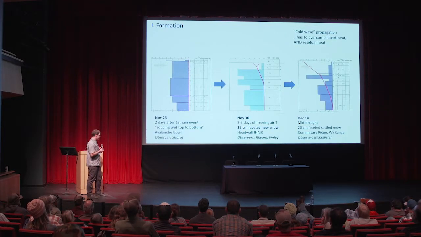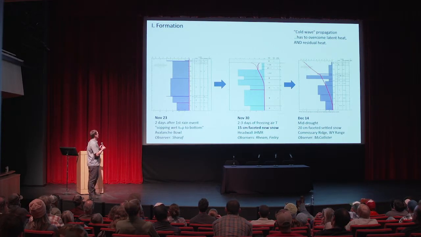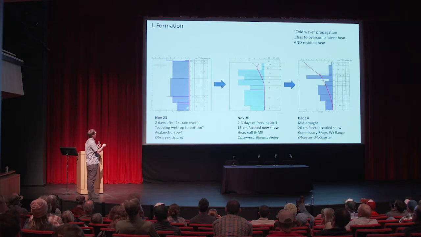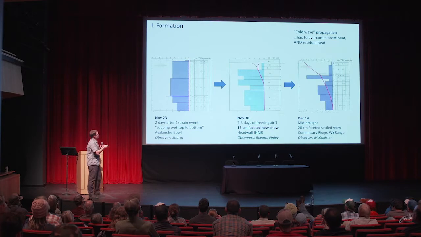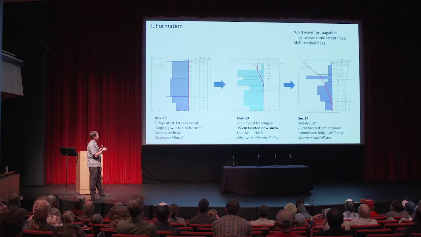So I think there's a pretty good case that that heat affected our faceting process to some extent. And again, this is Don Sheriff's profile from Avalanche Bowl, where we've got isothermal right after the rain. This is November 30th, and I've cherry-picked these snow profiles, but I think it demonstrates my point pretty well. We actually have 15 centimeters of faceted snow here before that big dump on December 3rd.